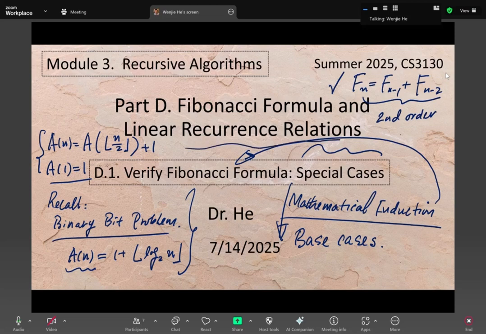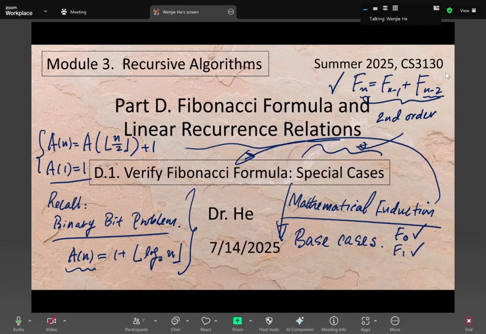The reason is the difference between n and the smallest subscript n minus 2 is 2. Second order means you need to verify two base cases: f sub 0, the first base case, and f sub 1, the second base case. Enough.